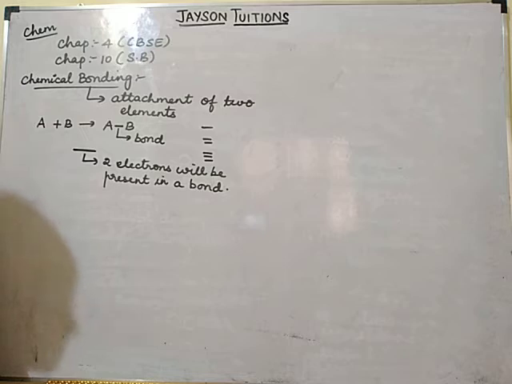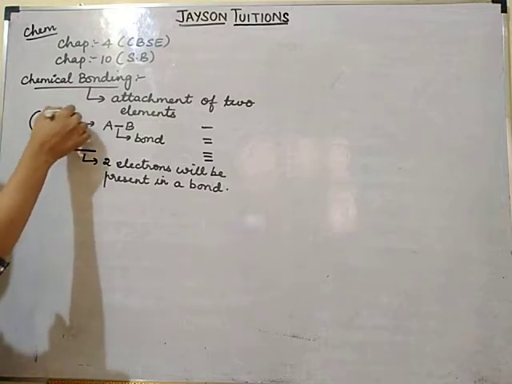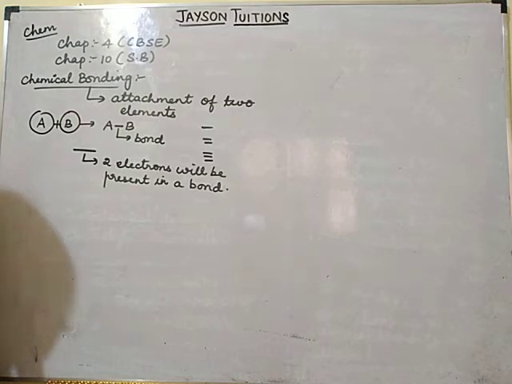But there are different types of bonds. Okay, so what are the different types of bonds? What are the rules the elements will follow to form a bond? All those things we are going to study.